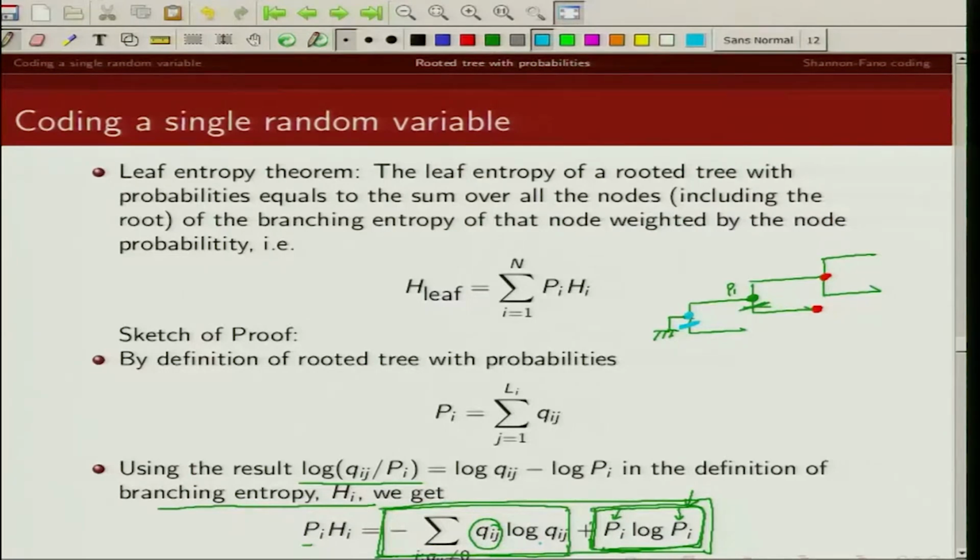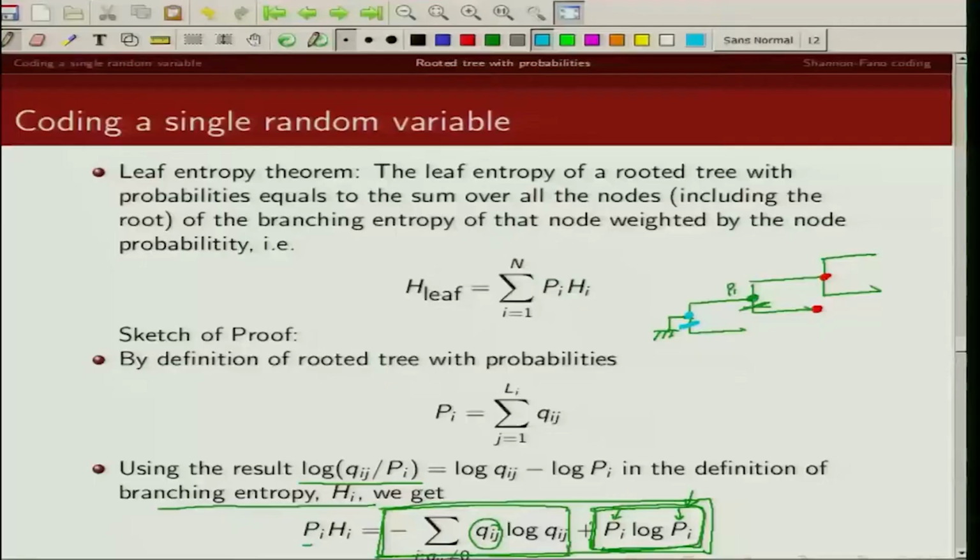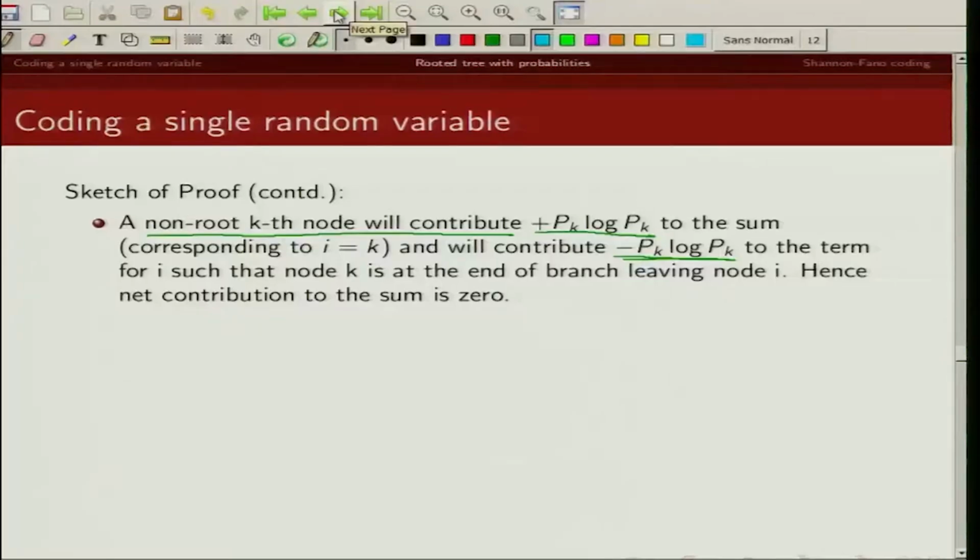So each of the nodes which is not a root node will give a pk log pk contribution when this summation is done over that particular node, and it will give me a minus pk log pk contribution corresponding to the summation which is taken at one node before that particular node. So the net contribution of any kth non-root node will be 0.